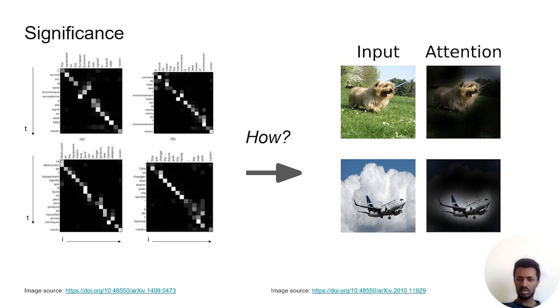This has resulted in good performance on image related tasks such as classification and others. And you can see the input and the attention it produces on images shown in the slide.